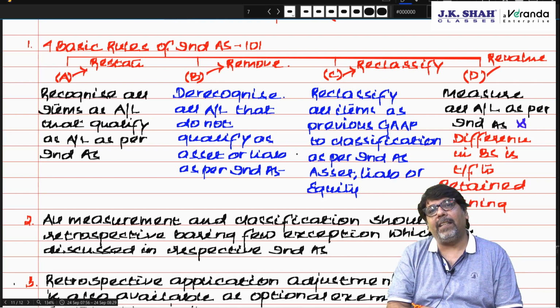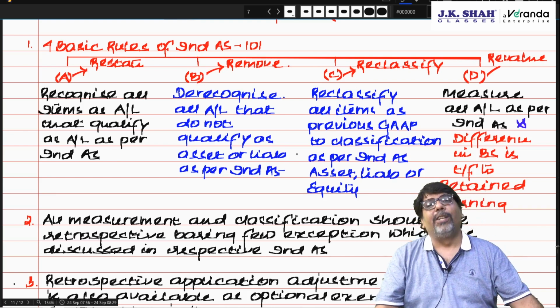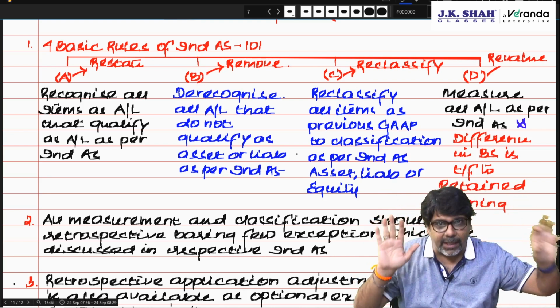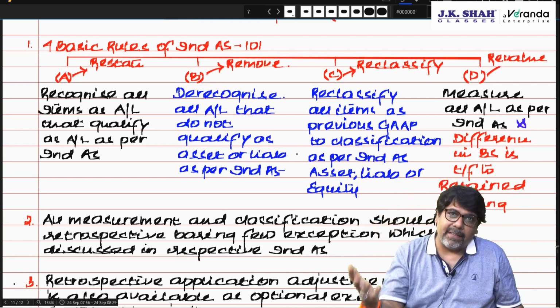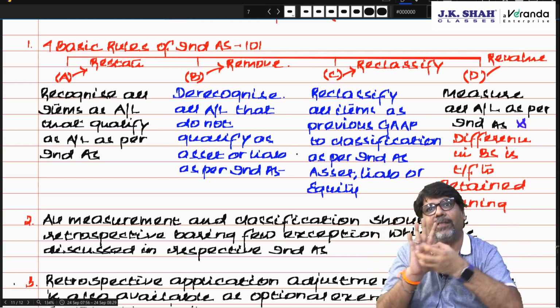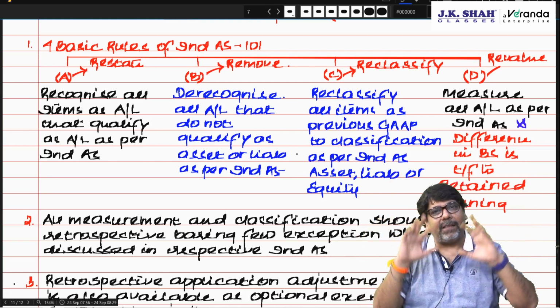Previously it was an asset, now it is a financial asset. Correct. So previous GAAP it was PPE, Ind AS it becomes investment property. So reclassify. Previously it was a current asset, now it is a financial current asset. So reclassify. Now we'll have all the items in the balance sheet as per classification of Ind AS.